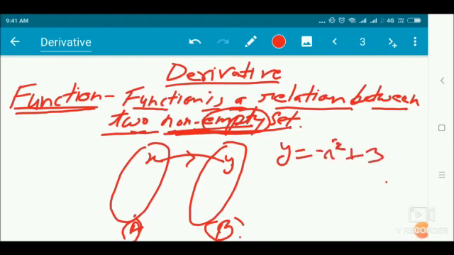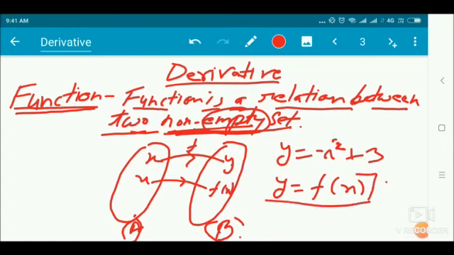This is one function, and the function notation is y is equal to f(x). y is equal to f(x) means there is a relation between y and x, and that y is a function of x.